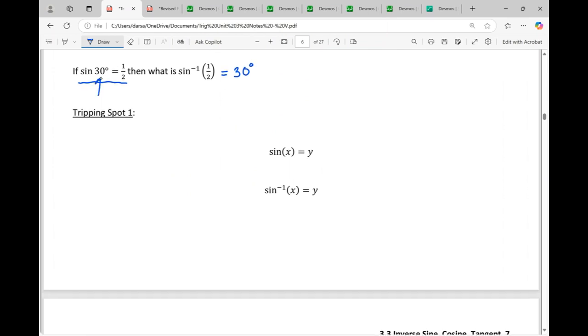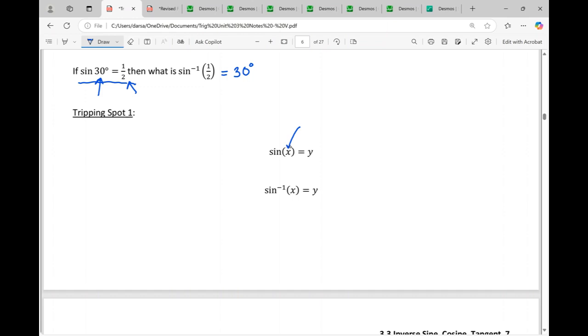Notice that when we have a sine function, the thing we're plugging in is an angle, and the answer coming out is a number that has no signs on it or anything. It's just a number between -1 and 1.